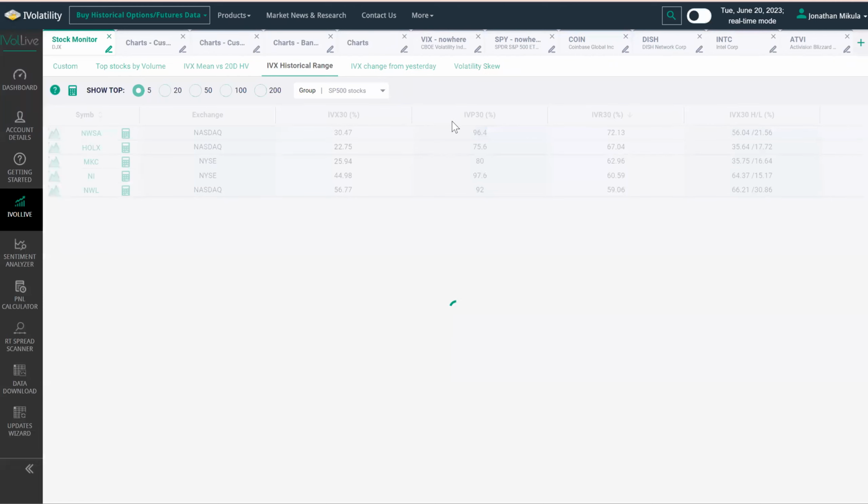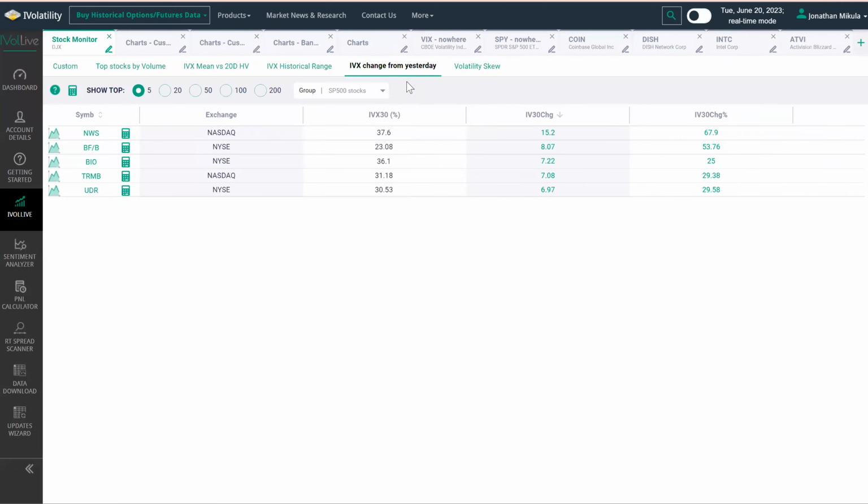And then IVX changed from yesterday. So this will actually pull from Friday's data, since yesterday the market was closed. But here's another one where it's like, okay, where's the action now within a certain index? And you don't have to trade the S&P 500. For our friends that like to trade other indexes, we have the Canadian stocks, we have German stocks with the DAX, we have European stocks, we have Indian stocks, we have the Russell 2000 if you want to go a bit smaller, see where the action is in those names.